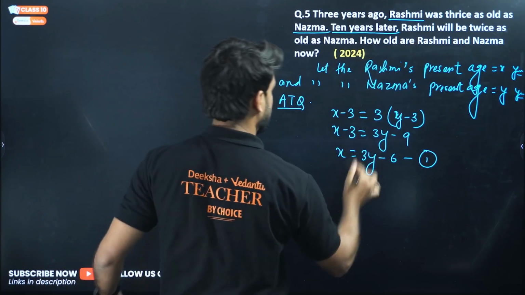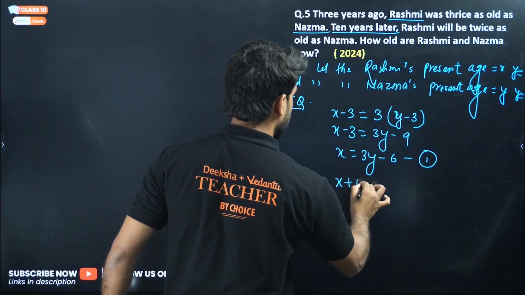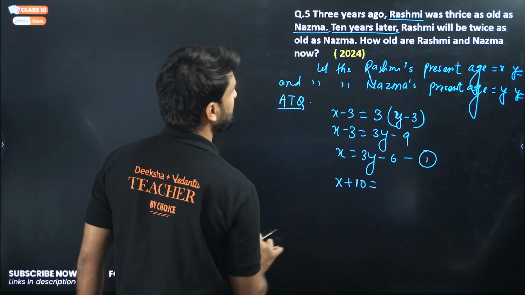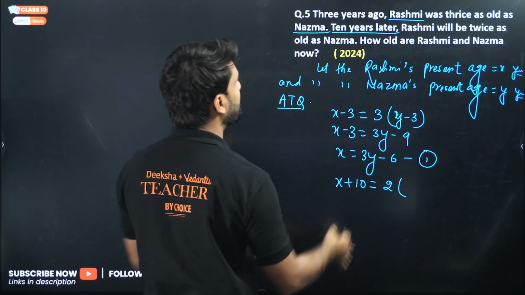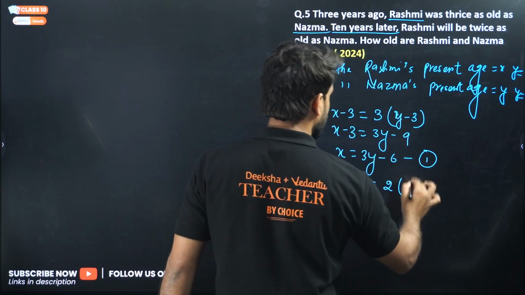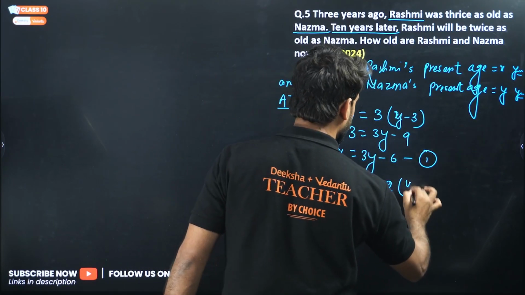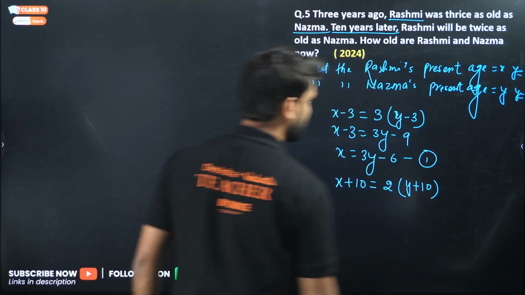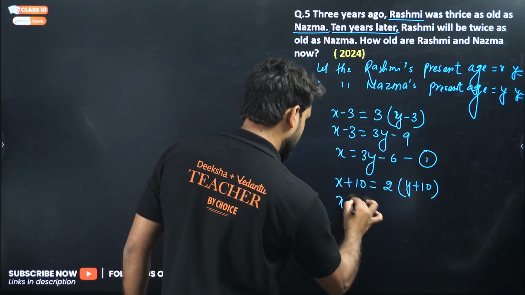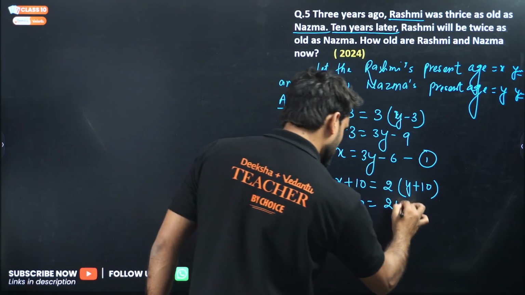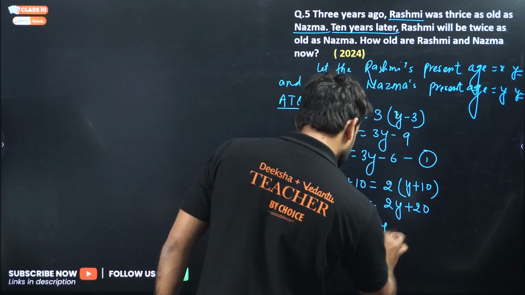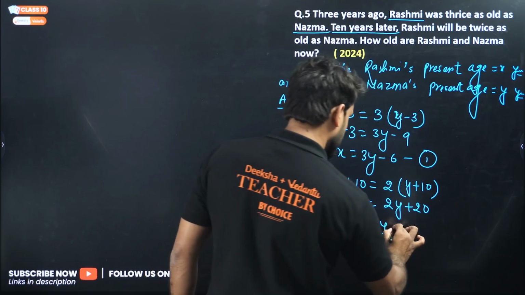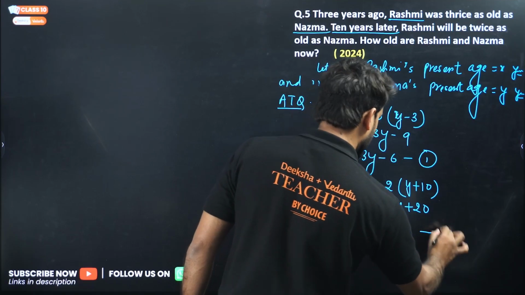So x plus 10 is Rashmi's age, which will be twice Nazma's age. If the present age of Nazma is y, 10 years later she will be y plus 10. So x plus 10 equals 2y plus 20. Can we modify? This will be x equals 2y, and on shifting this 10 this side, this will be plus 10. We call this equation number 2.